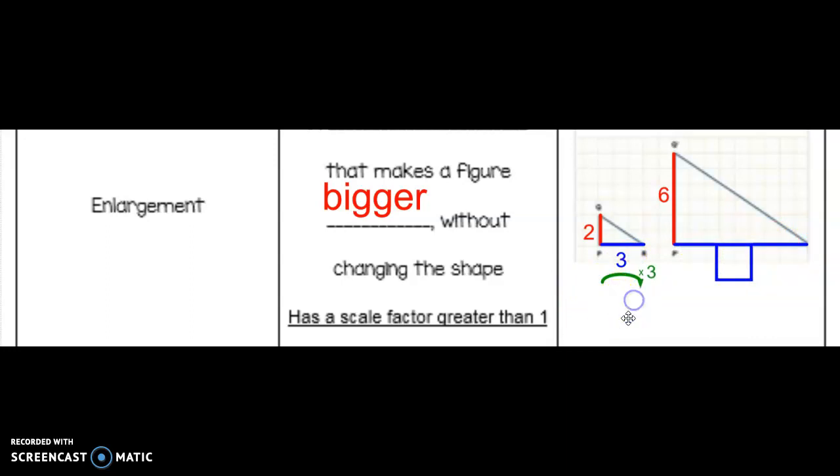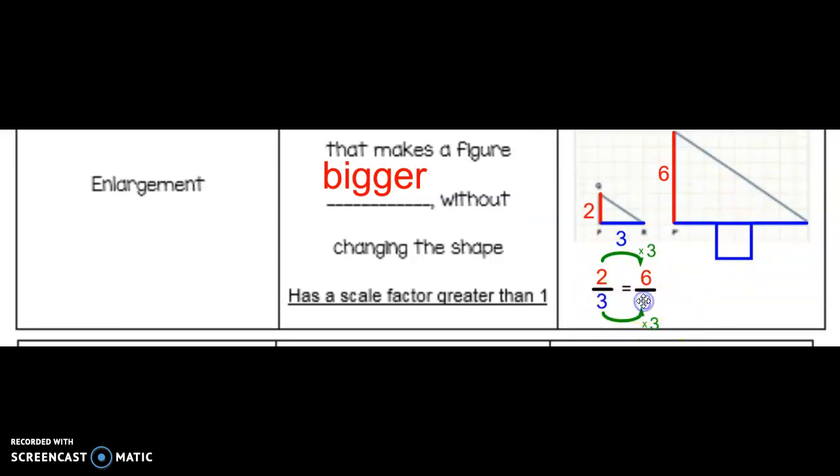How did we get from the 2 to the 6? We multiplied by 3. So we can find this missing side length by multiplying our 3 by 3 to find that this has a side length of 9.